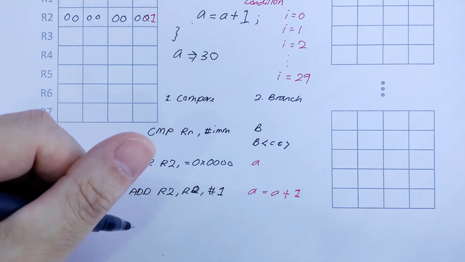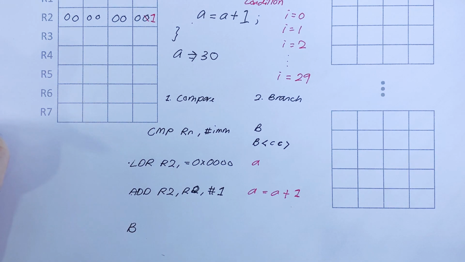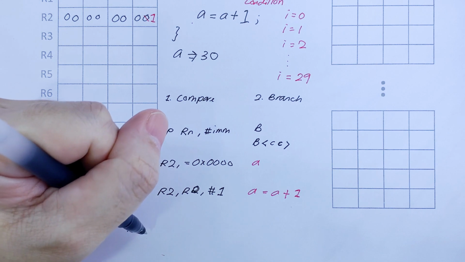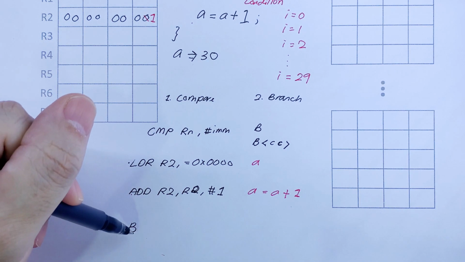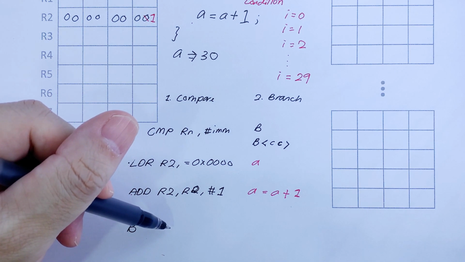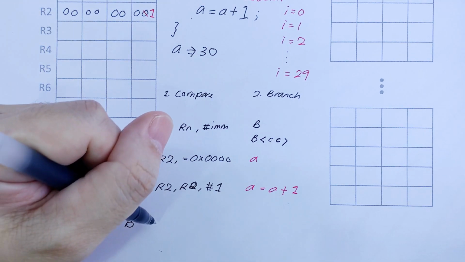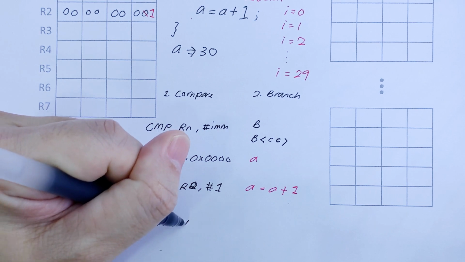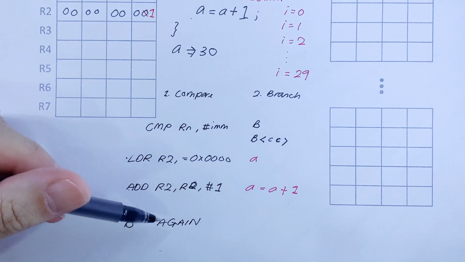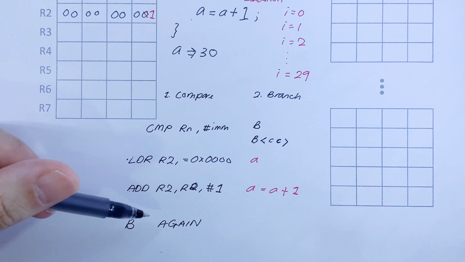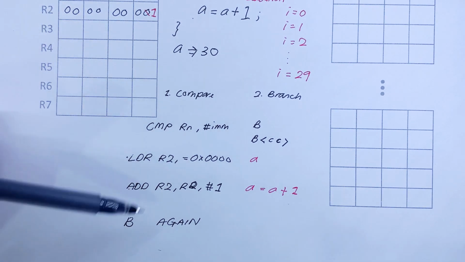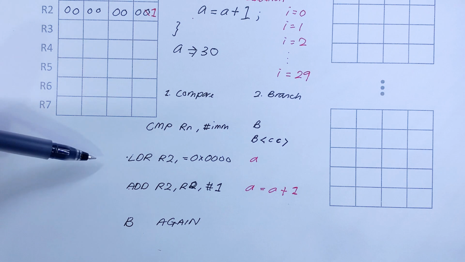If I put a branch, B, the operand for branch is actually a label in text form, so I could write anything I want, for example, again. I would tell my processor where I would like to repeat or jump back to in my instruction set.